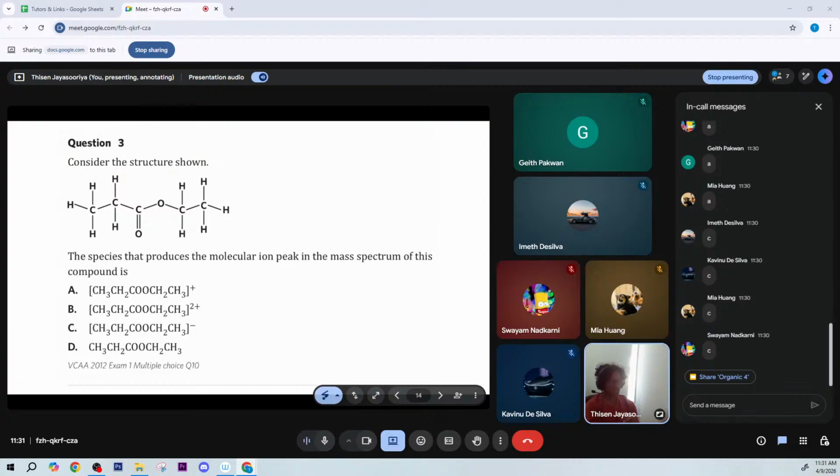So here, the species that produces the molecular ion peak in the mass spectrum of this compound is, what do you think would produce the molecular ion peak? Is it A, B, C, or D? What do you guys think?